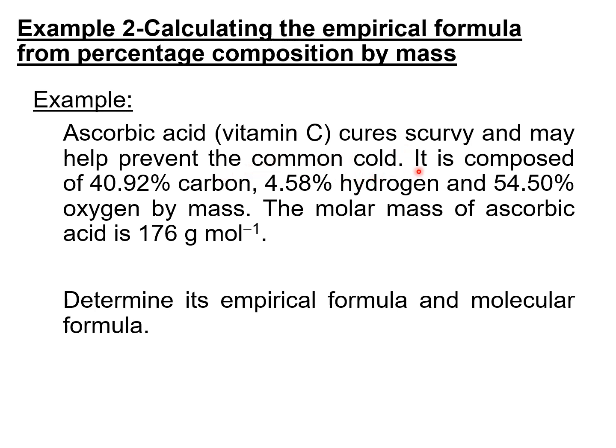Okay, dalam ascorbic acid ni ada 40.92% of carbon, 4.58% of hydrogen, and 54.50% oxygen by mass. Okay, the molar mass of ascorbic acid is 176 gram per mole. Soalan nak kamu cari empirical formula and molecular formula.